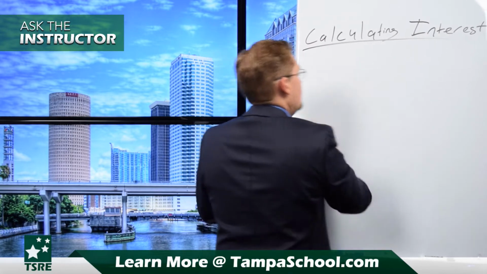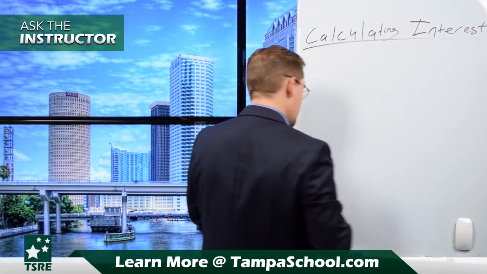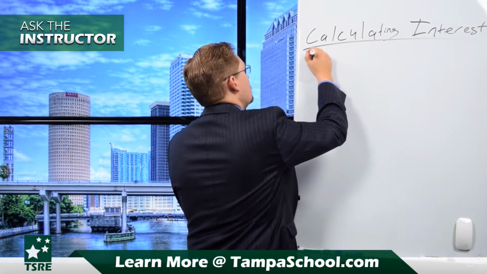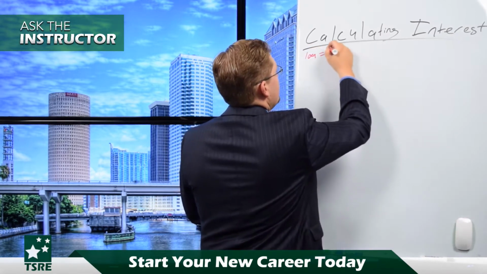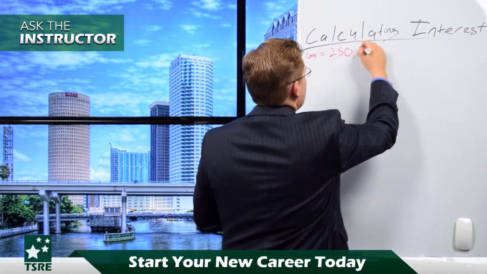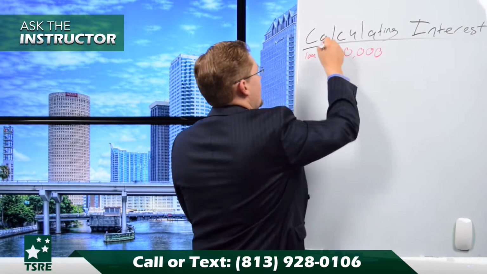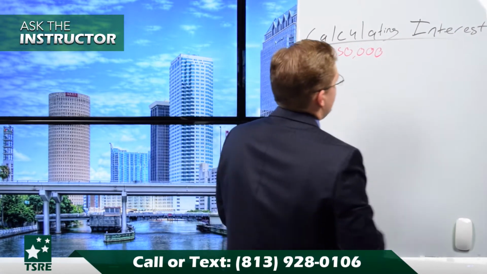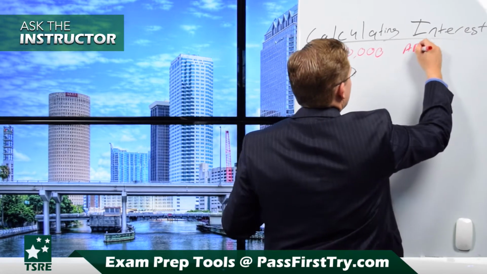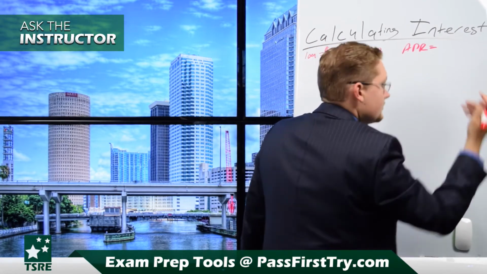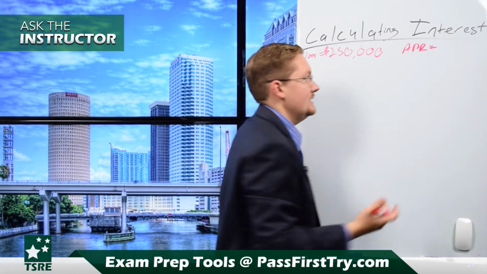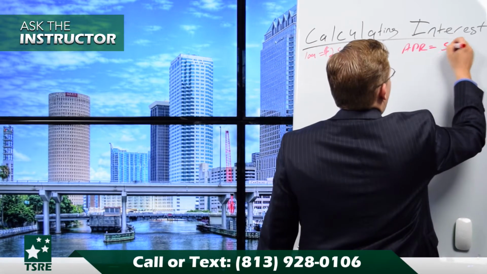So let's say that we've got a loan balance, let's say $250,000. Let's say that our APR, our annual percentage rate, also sometimes simply called the interest rate, is 5%.